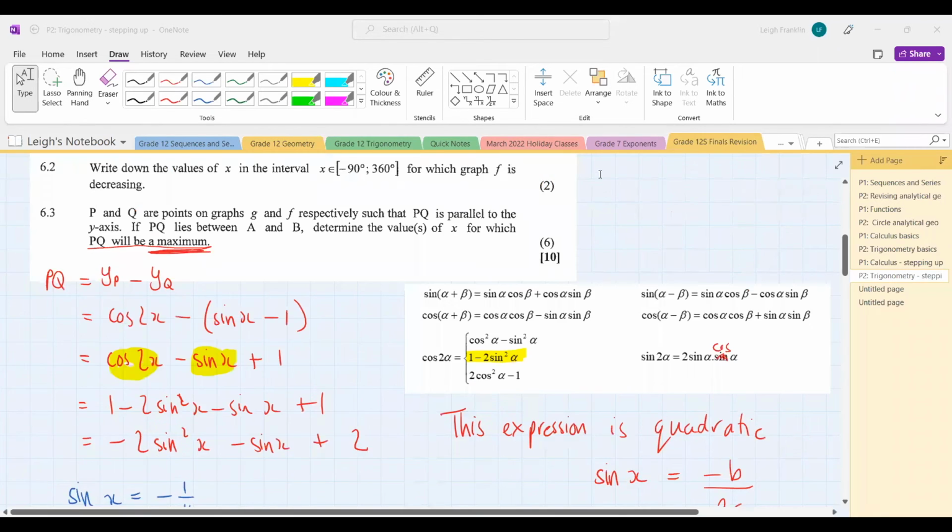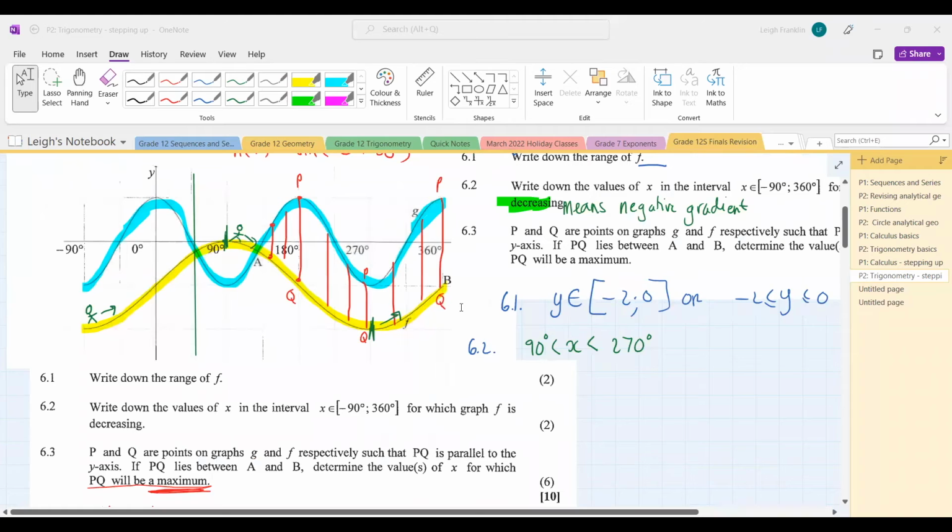Okay, so 14.48. Just hang on to that for a second.